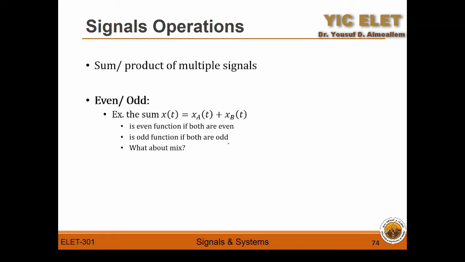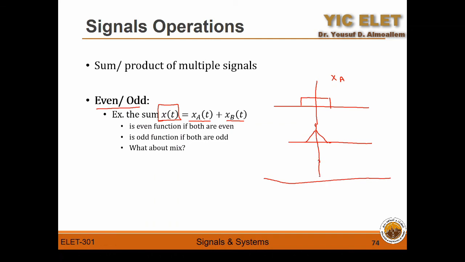Now let's consider the property of even-odd. If the component signals have properties of even or odd functions, then we test whether the result will be even or odd. Let's consider we have this simple even function, xa, and this is another even function, which is this one. Let's consider adding them together.